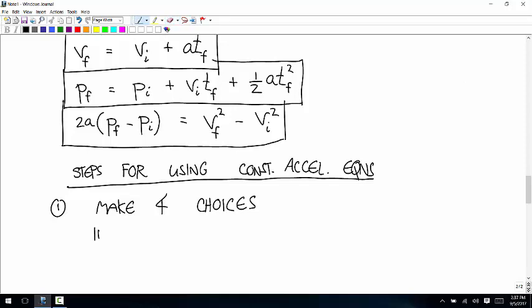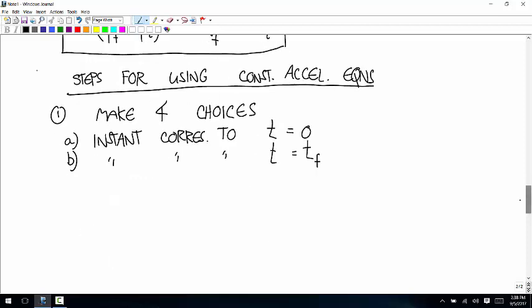You have to choose an instant corresponding to time equals 0, and an instant corresponding to time final. Let's say that's A, B. There are right and wrong answers to these. Occasionally there's more than one right answer, but you have to get these right or you can't do the problem.